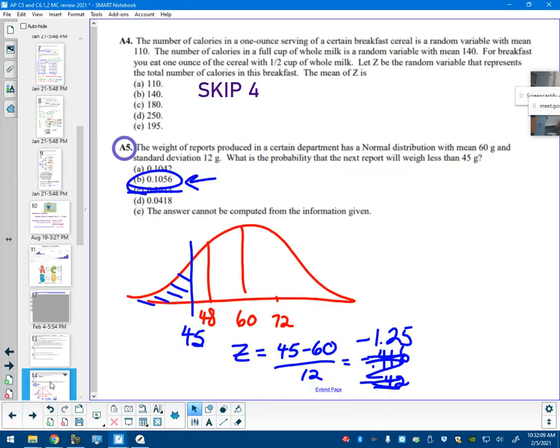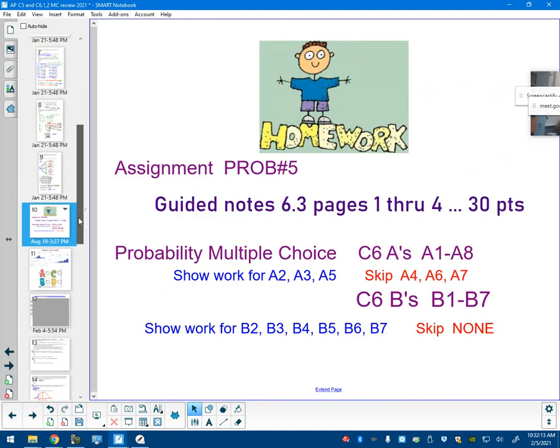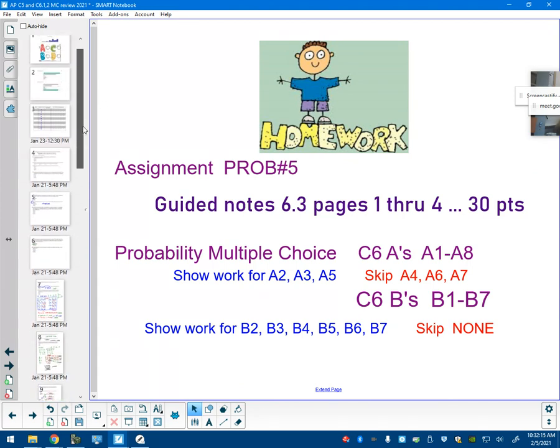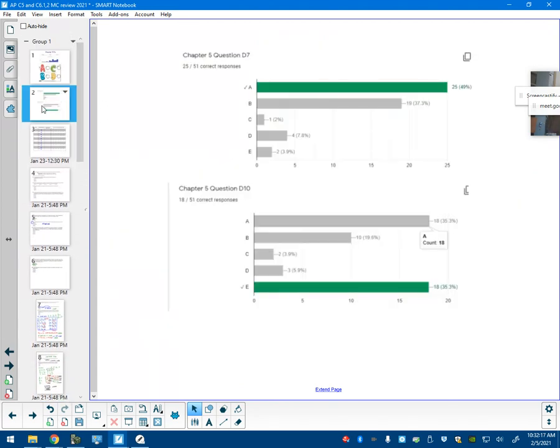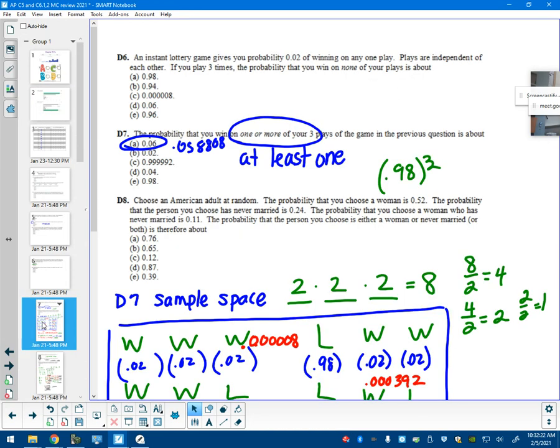Okay, ready? Chapter 5, multiple choices. There were two that we have to go over. They were number 7 and number 10, and I think you would be much better with number 7 now, because it says 1 or more of the 3. So that's like saying at least 1. And to do that problem, you would do 1 minus you lose all 3 days, right?